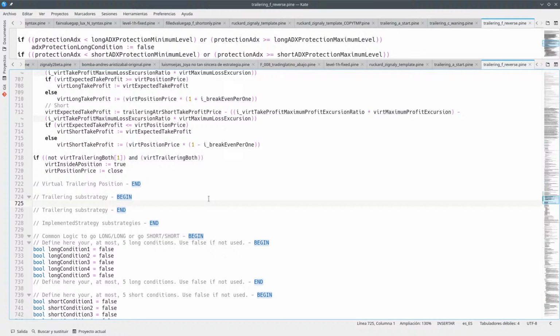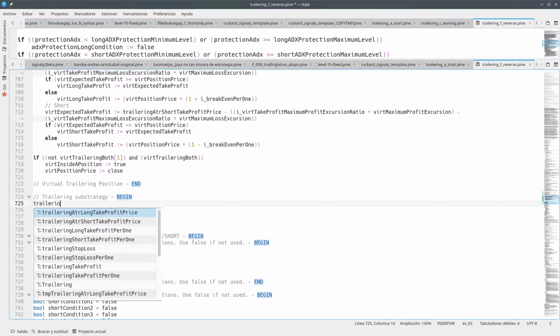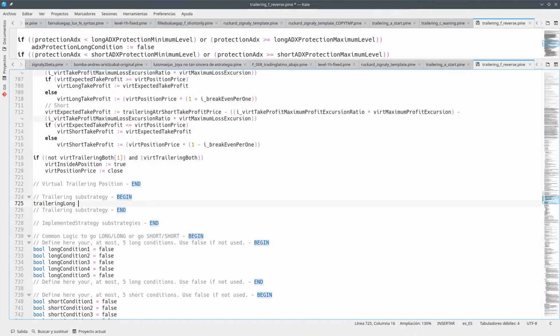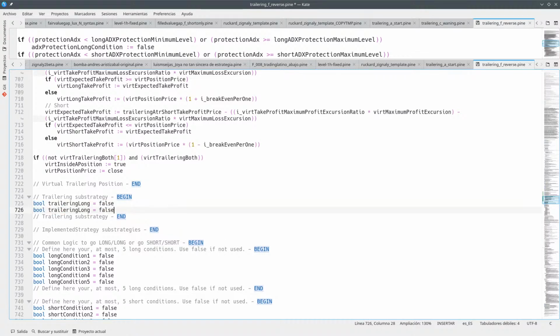What do we want here? So the first condition: we have a trailering long, which by default is false, and trailering short, which by default is false. Is this how it works?